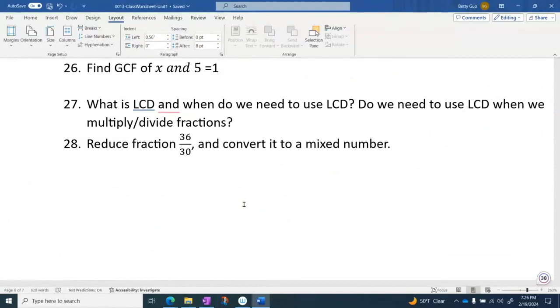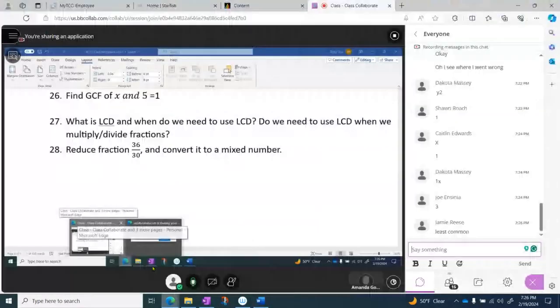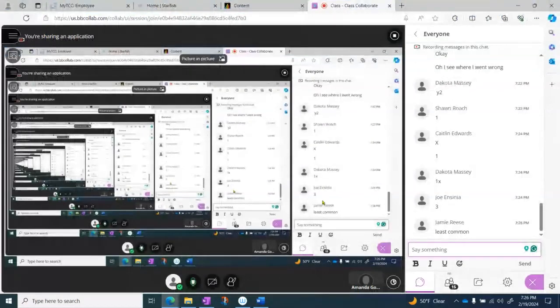Anybody remember what LCD stands for? Is it least common denominator? Exactly. LCD refers to the least common denominator of two fractions.